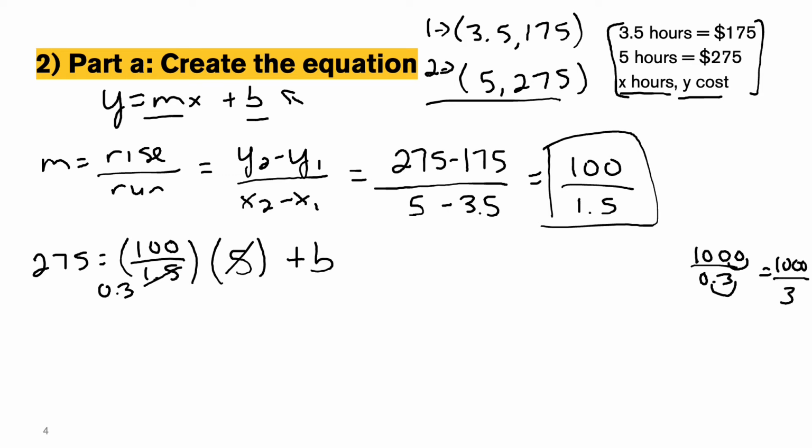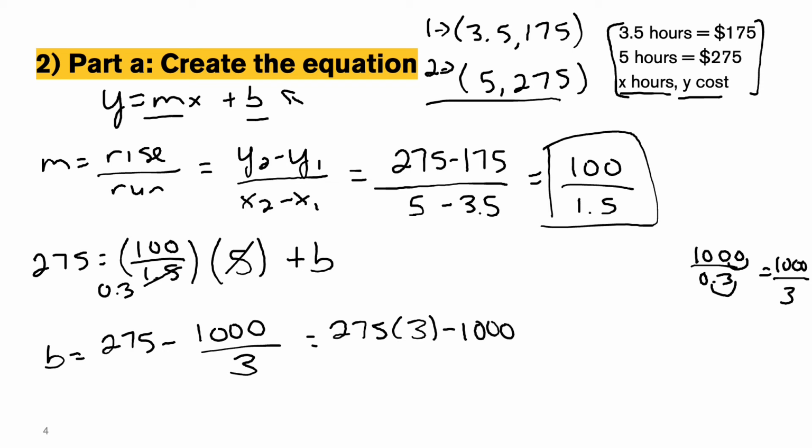So then subtracting that term from both sides, we'll get that b is equal to 275 minus 1,000 over 3. And then that's a big number, so we want to give ourselves a common denominator. So 275 times 3 minus 1,000 all over 3. And then just using any scientific calculator that you want to use, we'll get 275 times 3 is equal to 825 minus 1,000 over 3.